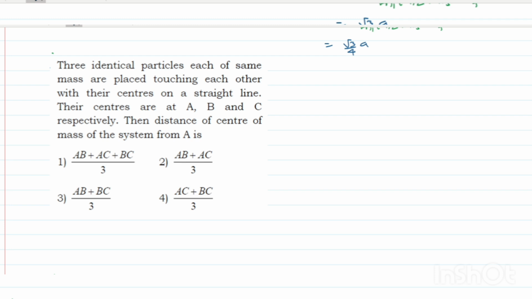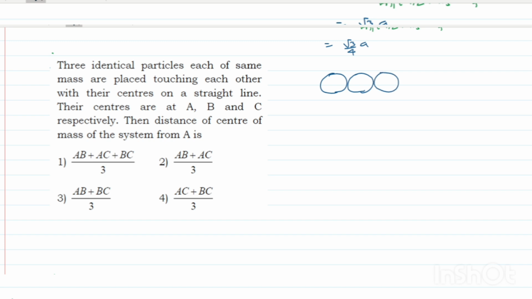Let us take this, students. Here are 3 identical particles, each of mass m. Just imagine this is one particle, this is one particle, and this is one more particle.